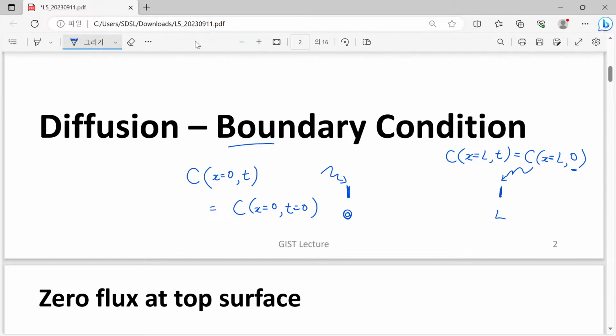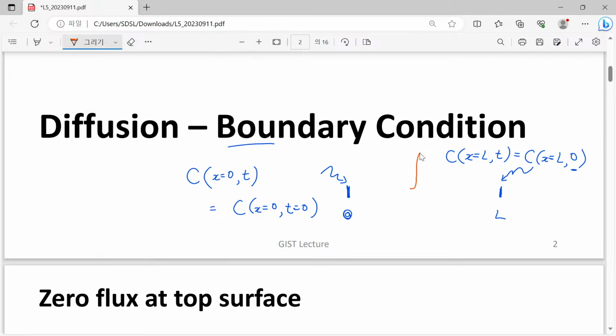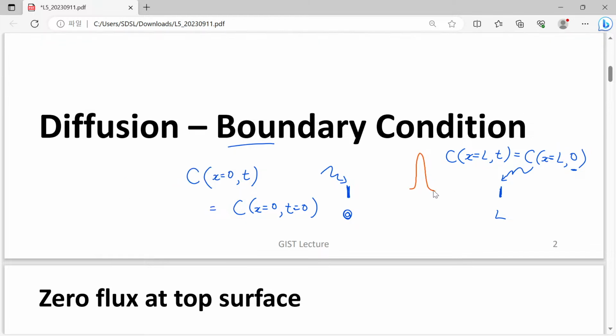So it is good when we consider such kind of behavior. Our initial dopant distribution is concentrated on a certain range. After that, if we apply certain heat, then it will be diffused.